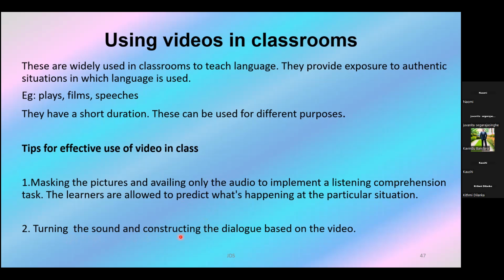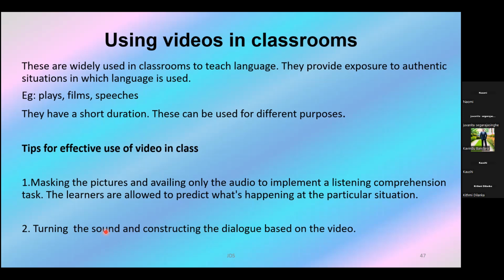Turning off the sound and constructing dialogues based on the video, the other way around. Here, the pictures are getting masked. Here, the sound is muted. You mute the sound. They can't listen to what is being spoken. They need to look at the picture and guess.